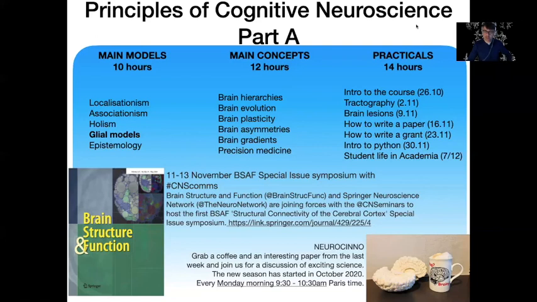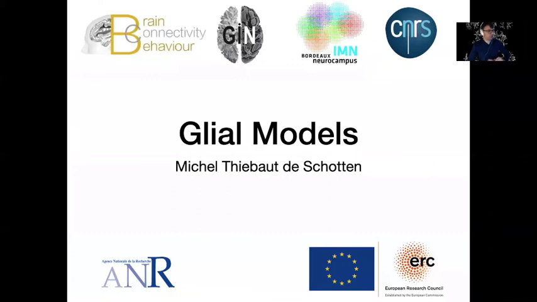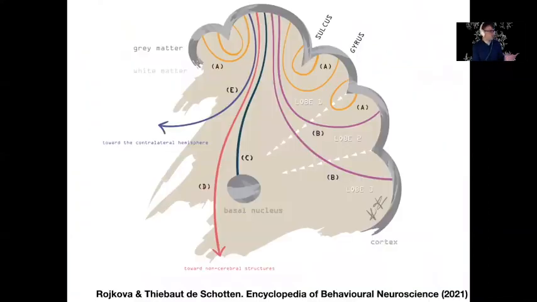Without further ado, we're going to start with the glial model. And as you may know, and we discussed that before, the structure of the brain is made of neurons and connections. And those neurons activate themselves and convey information through their axons to other neurons that can be close or distant.